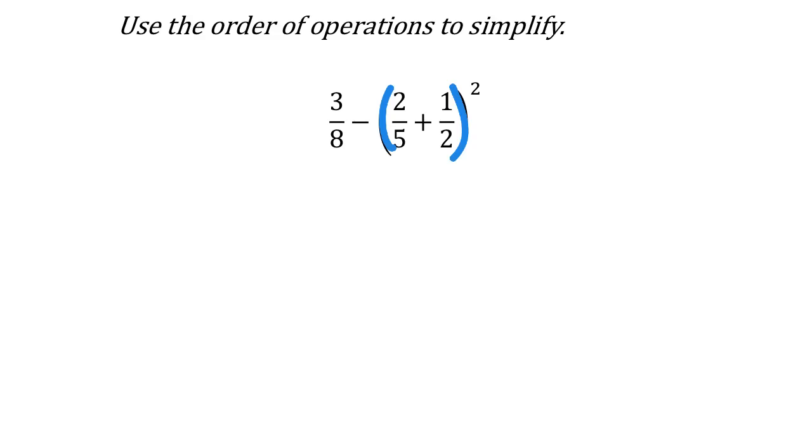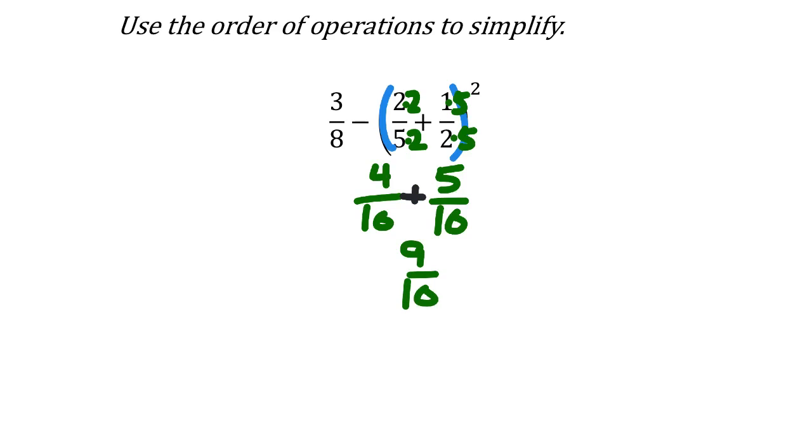So I multiply the 5 by 2 to get 10, so the 2 by 2 makes that 4/10, because I'm using a common denominator of 10. So I multiply the 2 by 5 and the 1 by 5 as well to make that 5/10. And this is addition. 4 plus 5 is 9, so I got 9/10.